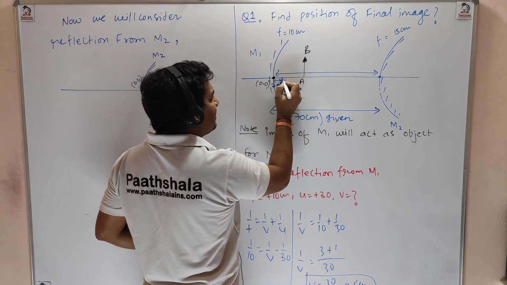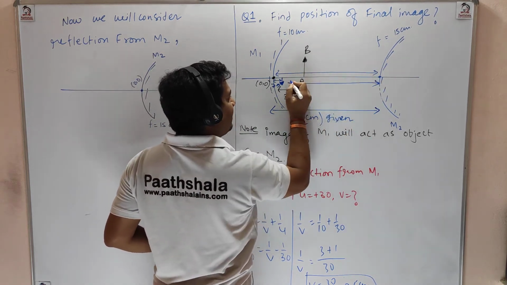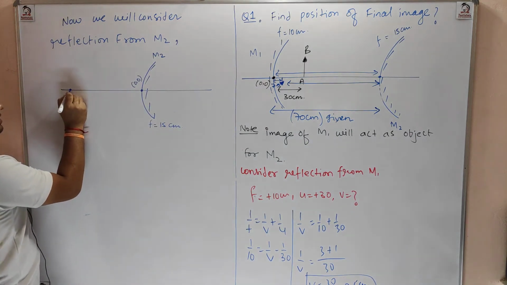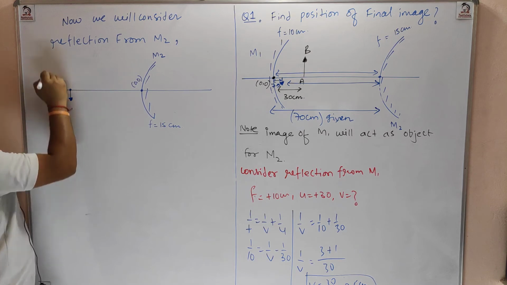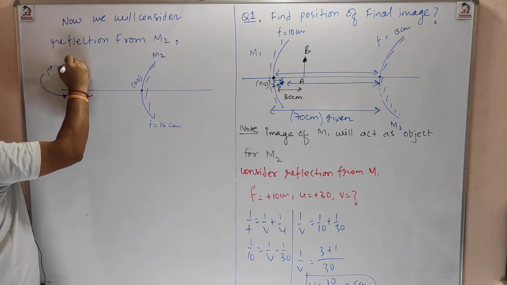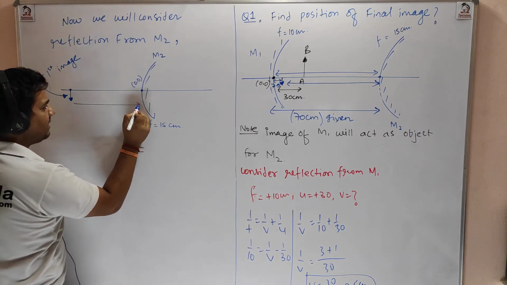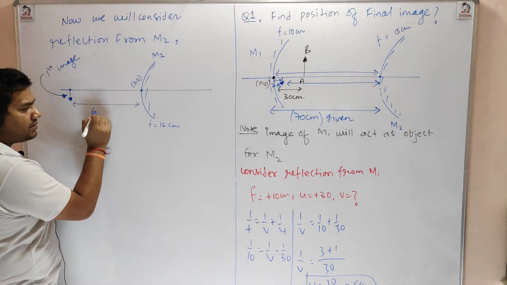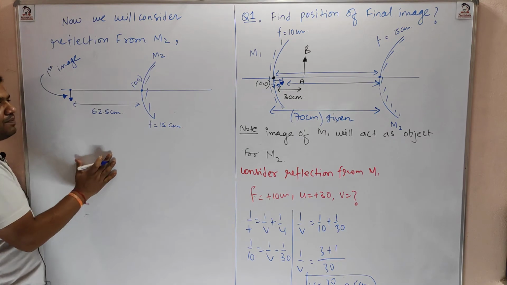So this is 7.5 and this complete distance is 70. So this distance must be 70 minus 7.5, that is 62.5 centimeter, right? So this is the object distance.